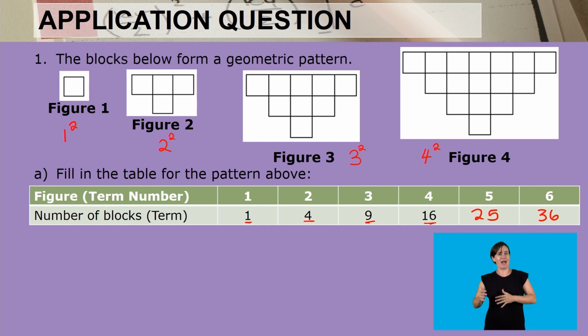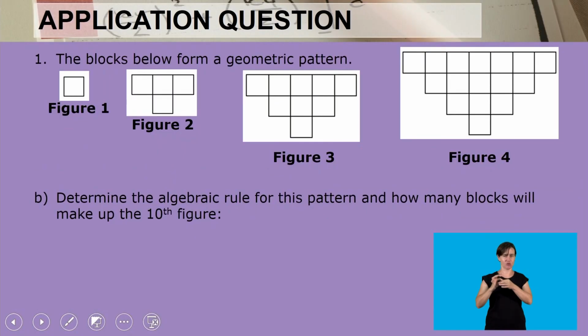So that is the relationship between the term number and the term itself, or because we are dealing with figures, the relationship between the position of the figure and the number of blocks in that figure. How would we represent this algebraically?